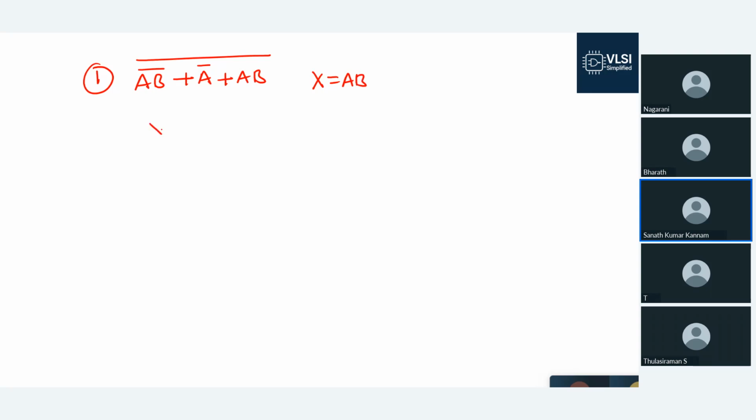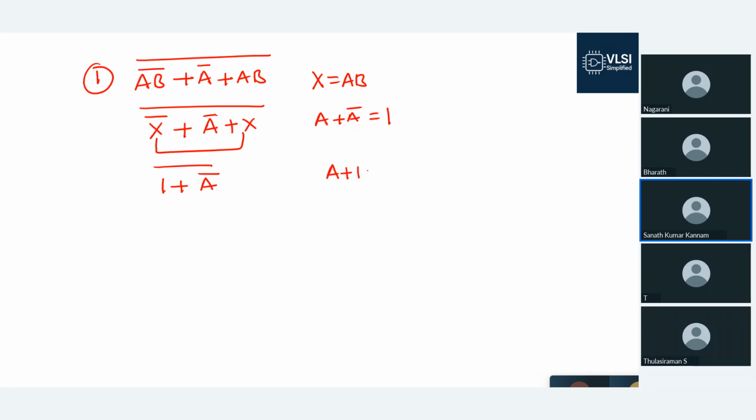So this is x bar plus A bar plus x, whole bar. So you know that from OR law, A or A bar equal to what? 1. So this is 1 or A bar, whole bar. From OR law, you can say that A or 1 equal to what? 1. So this is 1 bar. This is equal to what? 0.